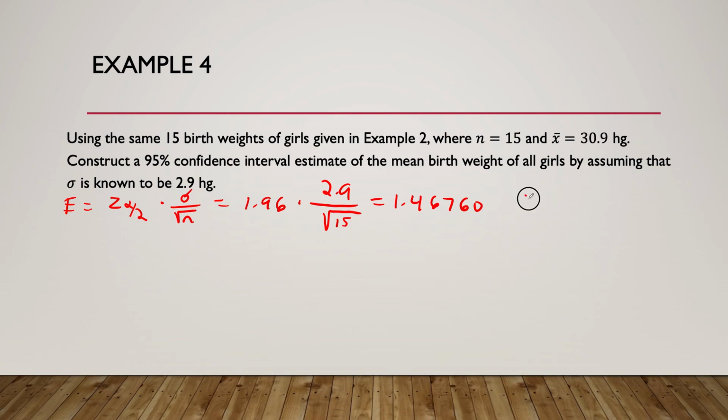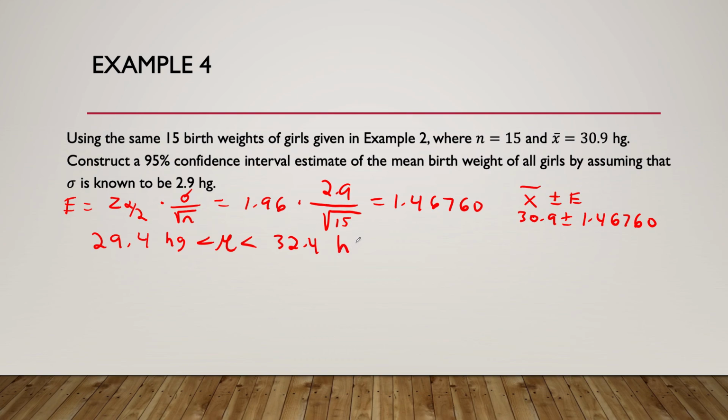So we are going to take x bar plus and minus E. x bar was 30.9. Adding and subtracting 1.46760, if we subtract, we get an answer of 29.4 hectograms rounded. And the upper bound, when we add those two, we get an answer of 32.4 hectograms.